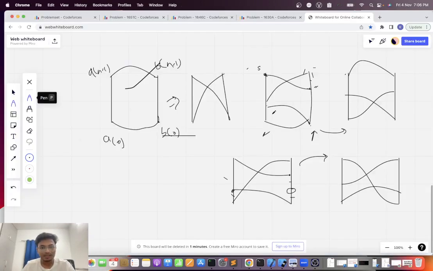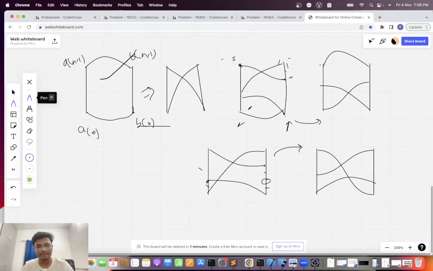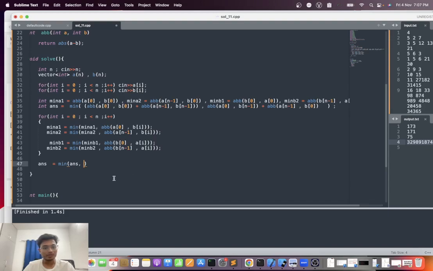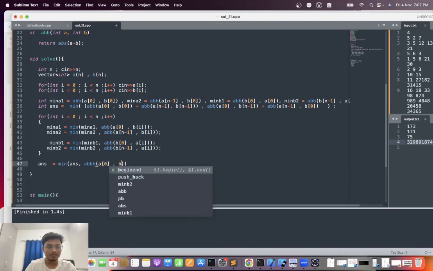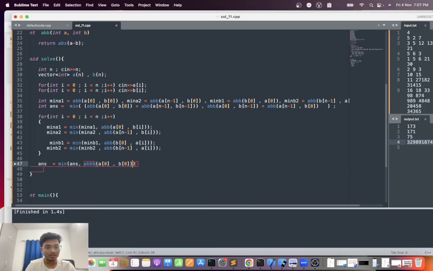Now how do I need this one, if I'm just going with this one, yeah, here we go. So a node connected to b node, that is abb, a node connected to b node plus abb.